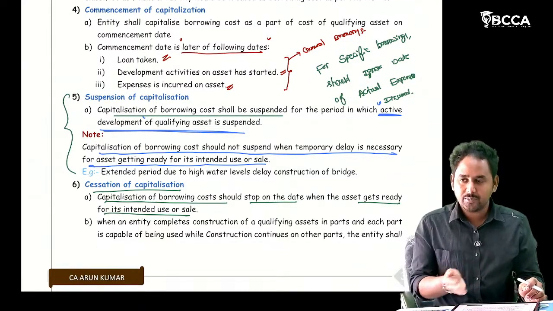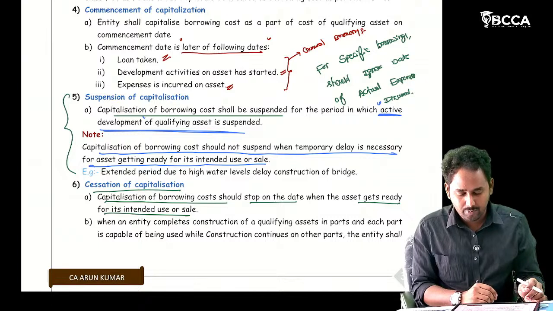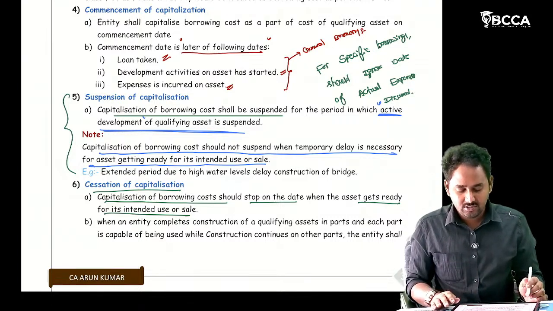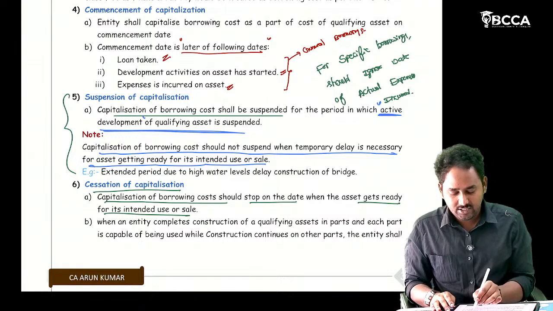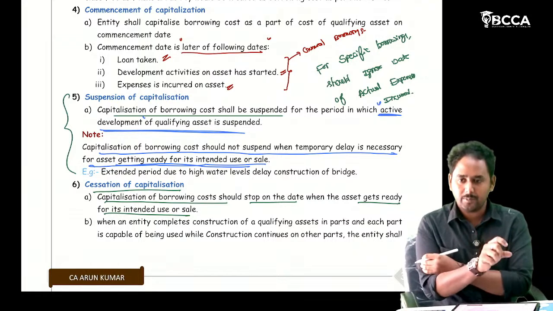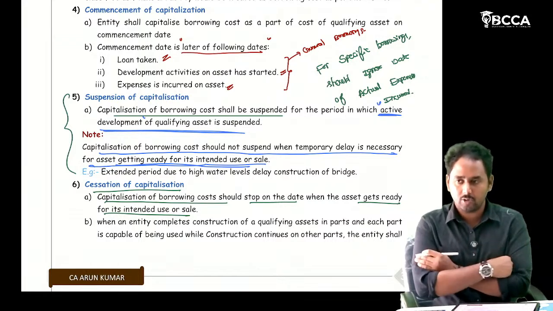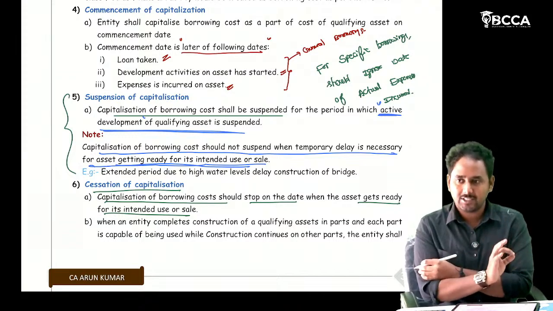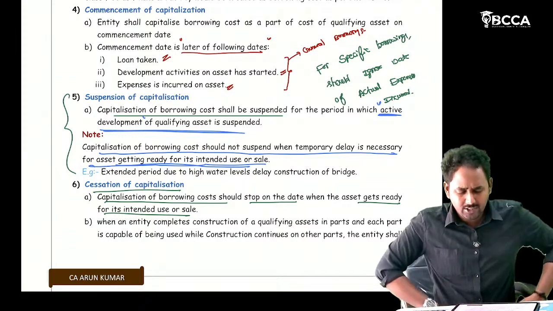But what is the exception to that rule? Even though the active development is suspended, if the reason for that suspension is necessary for the asset getting ready for its intended use or sale, then that suspended period borrowing cost should also be included in the cost. What is the suspended period?